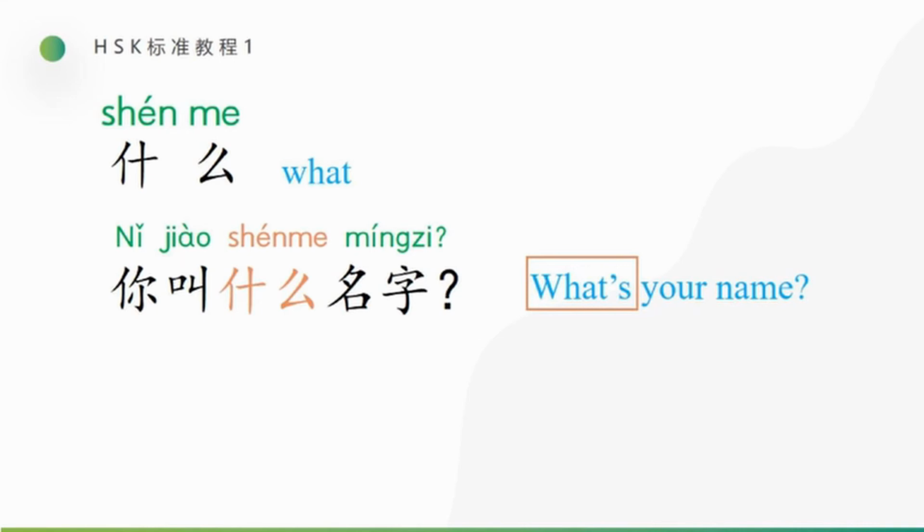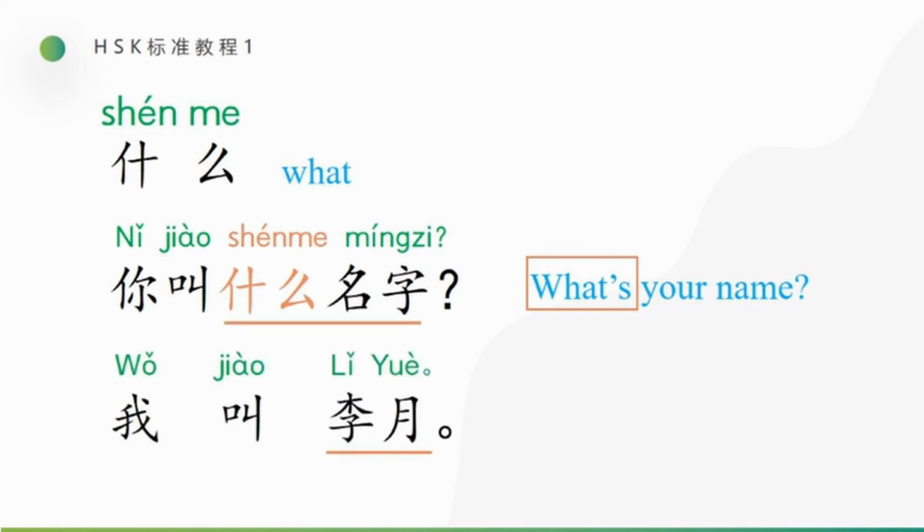你叫什么名字? And how to answer this question? For example, we can say 我叫李月.